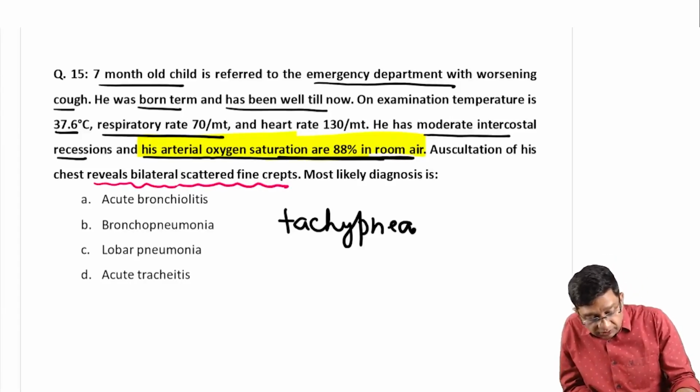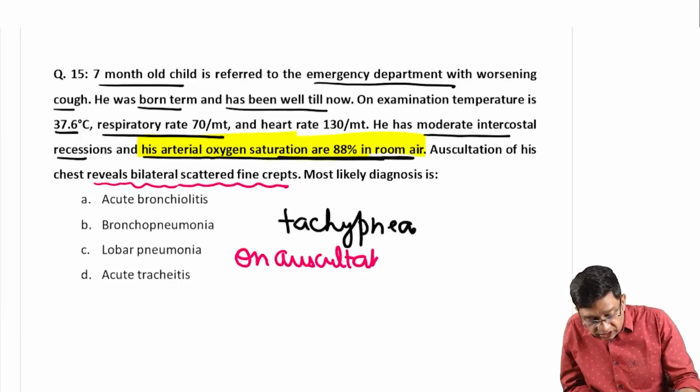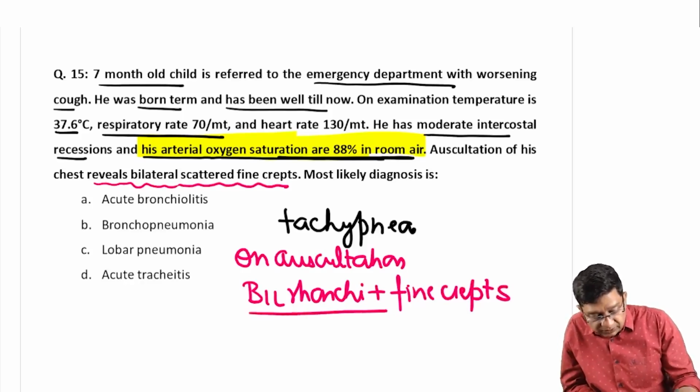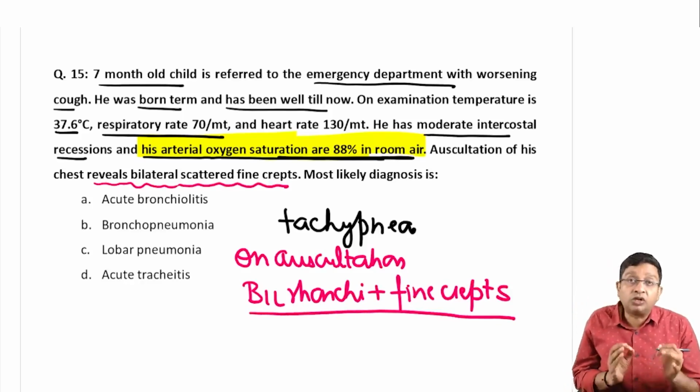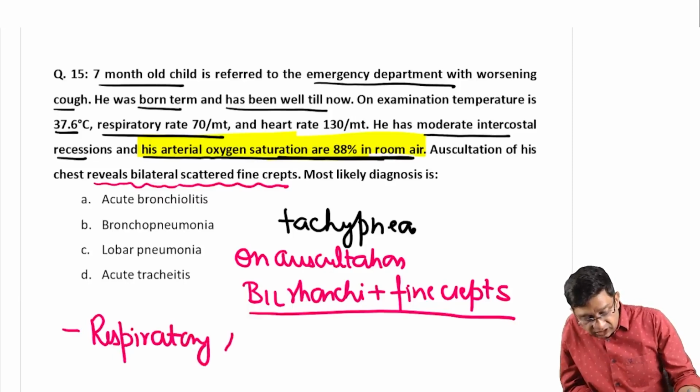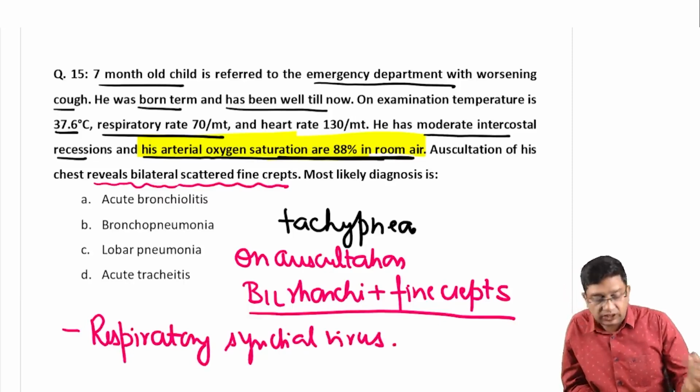Always remember, on auscultation, if bilateral rhonchi plus fine crackles are given, this is bronchiolitis, and bronchiolitis is caused by the respiratory syncytial virus, RSV, right?